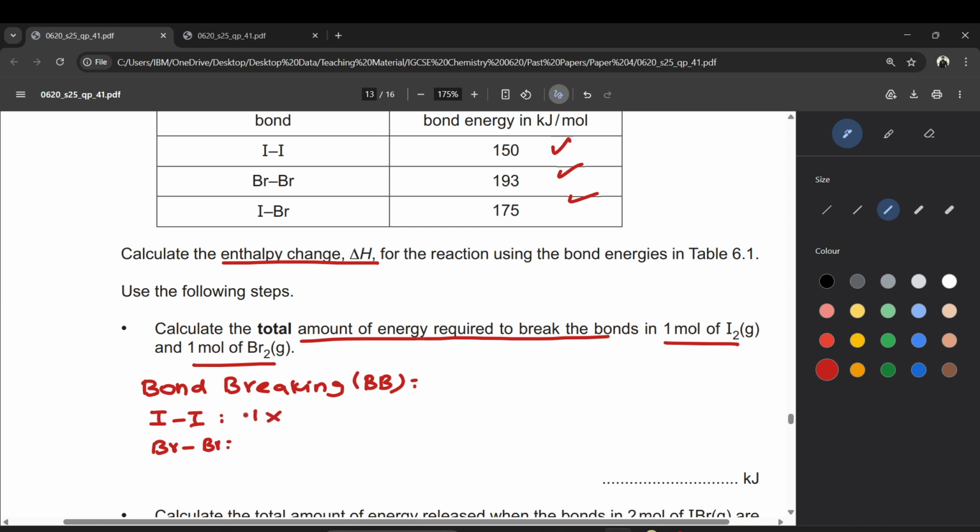So 1 multiplied by the bond energy value, which is 150, then 1 multiplied by the bond energy value, which is 193. So the total energy needed is going to be 150 plus 193, which is 343 kilojoules.